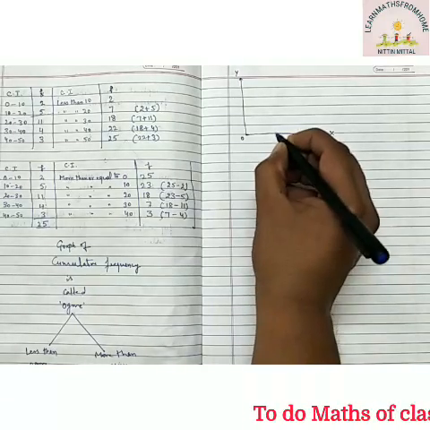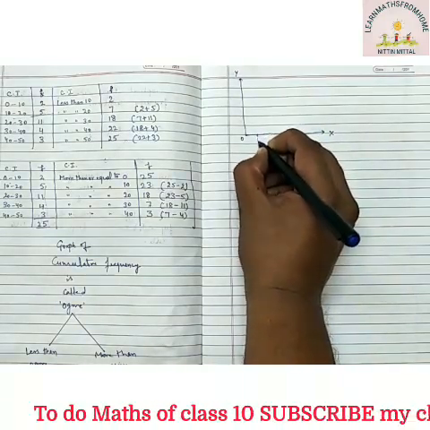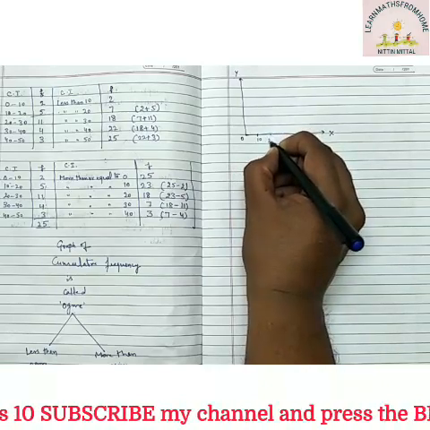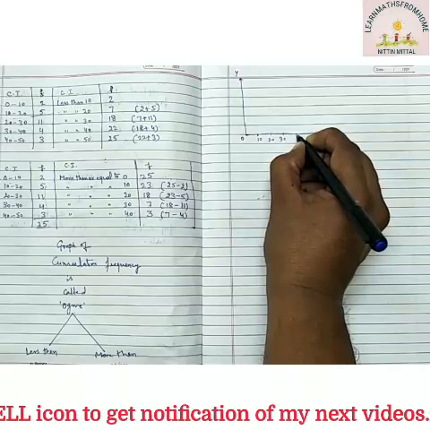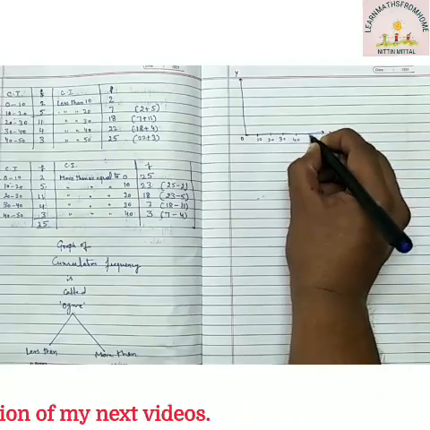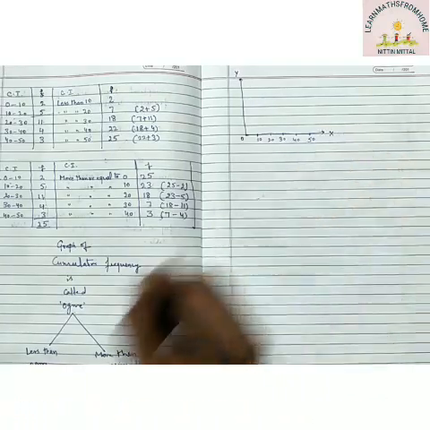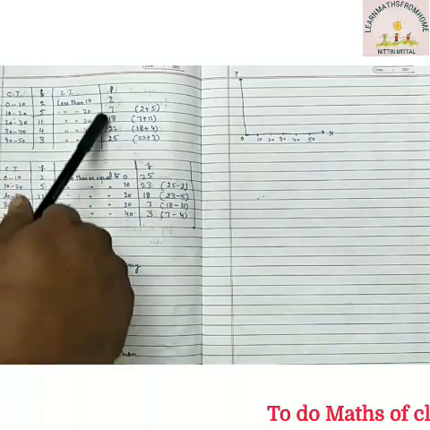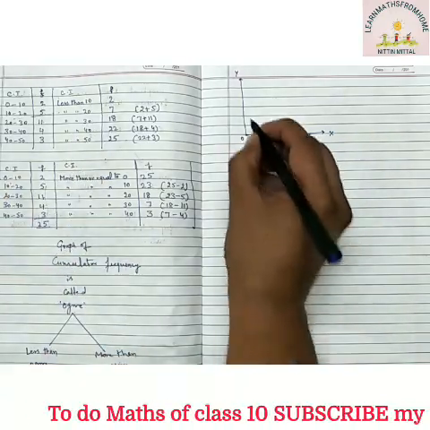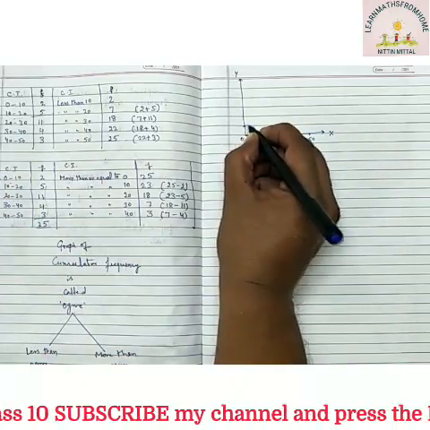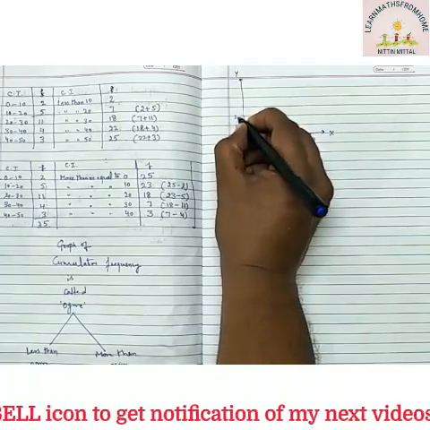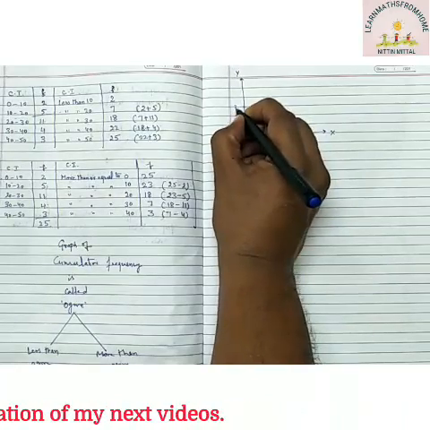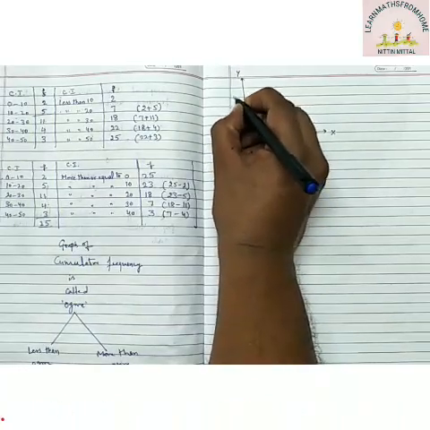So we'll take the appropriate scale. 1 big division equal to 10. And these values are 2, 7, 18 and so on. So I am just taking 10 only. 10, 20, 30, 40.